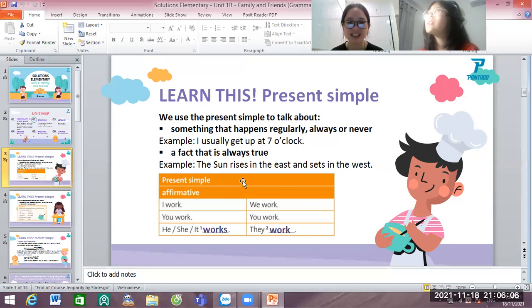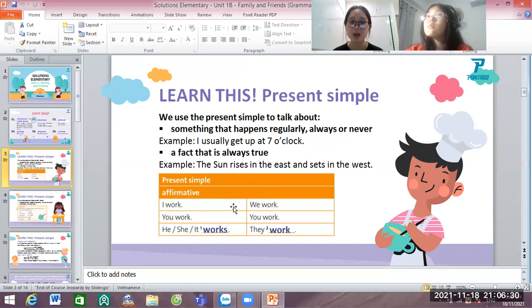Okay, when we want to put the present simple in the correct sentences, we have three categories, which are affirmative, negative, and interrogative. The first one, affirmative.